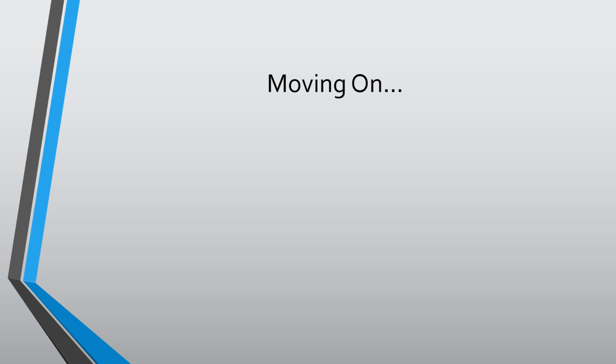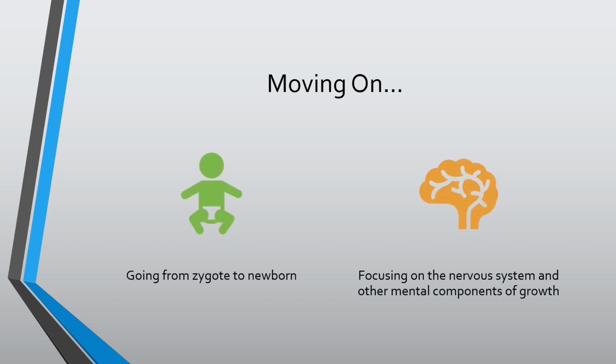Now that we've covered how we become the person we are and all these interesting things that are the catalyst of the early formation of us, we're going to spend some time looking at actual physical development.